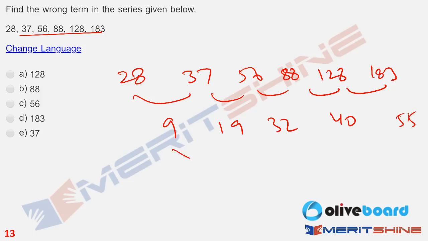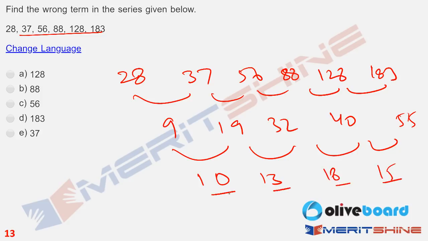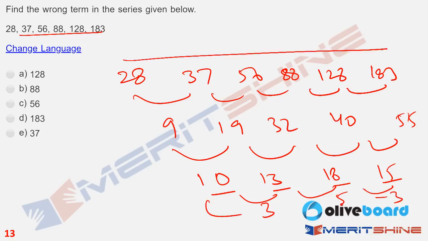Now, if I do the next level, what do I get here? 10, 13, 18, 15. Clearly I'm not able to make head or tail of it, but if I haven't been able to find the double difference, the next level here is 3, 5, and then minus 3. This looks like a cubic term, yeah.